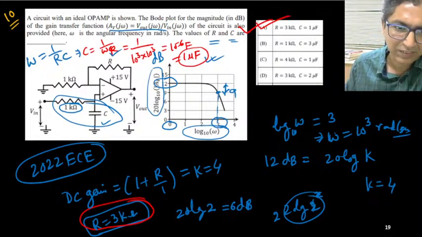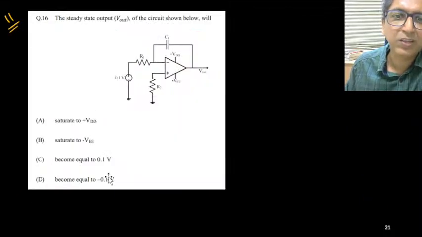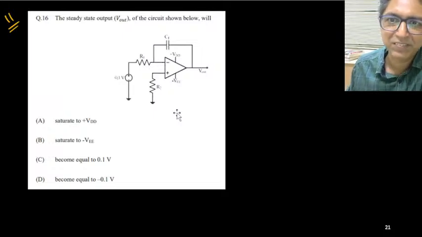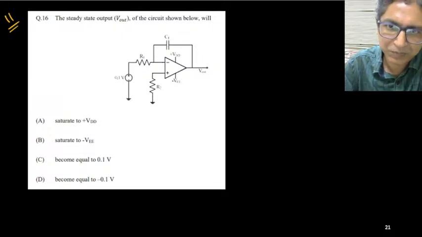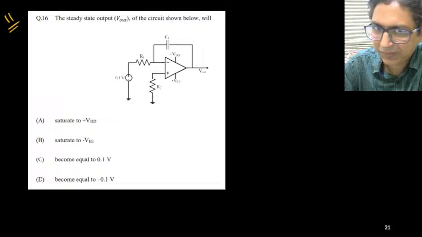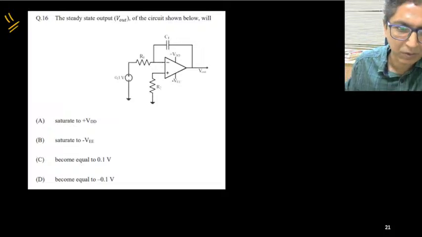I'll solve this problem in the next video. This problem is not about filters, very simple thing, but can you solve this one? It appeared in GATE EE, electrical engineering, recently. Okay, can you solve this problem?